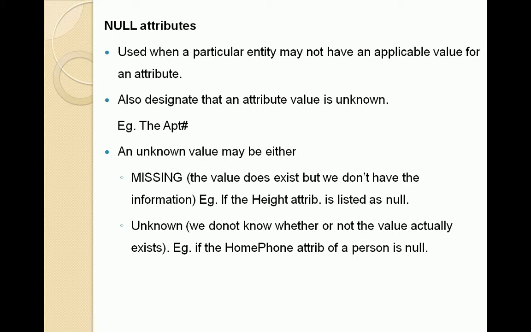Then in that case we will put a null value in that height attribute. Likewise, when any value is unknown, we are not sure whether a person has a home phone number or not. In that case also we put a null value in that attribute, because here the value is unknown.